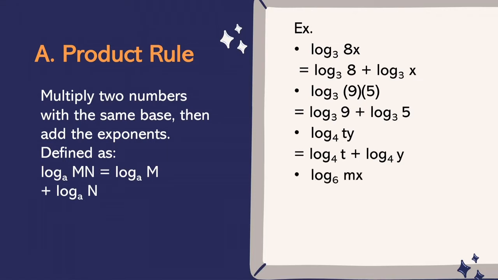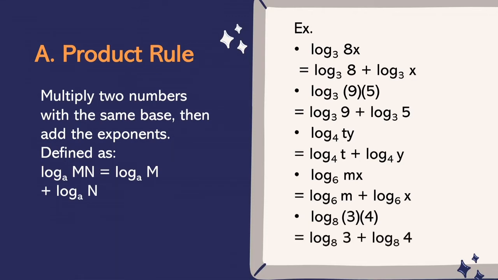The logarithm of nx to the base of 6 will now be equal to the logarithm of n to the base of 6 plus the logarithm of x to the base of 6. Lastly, we have the logarithm of 3 times 4 to the base of 8 is equal to the logarithm of 3 to the base of 8 plus the logarithm of 4 to the base of 8.